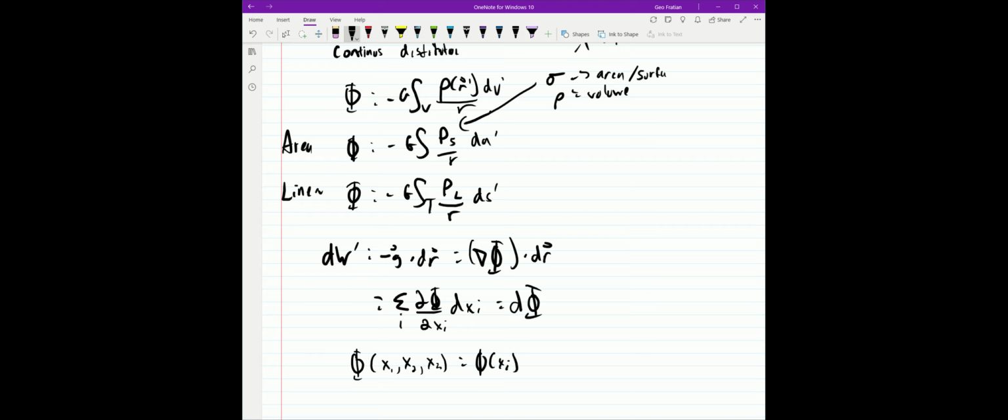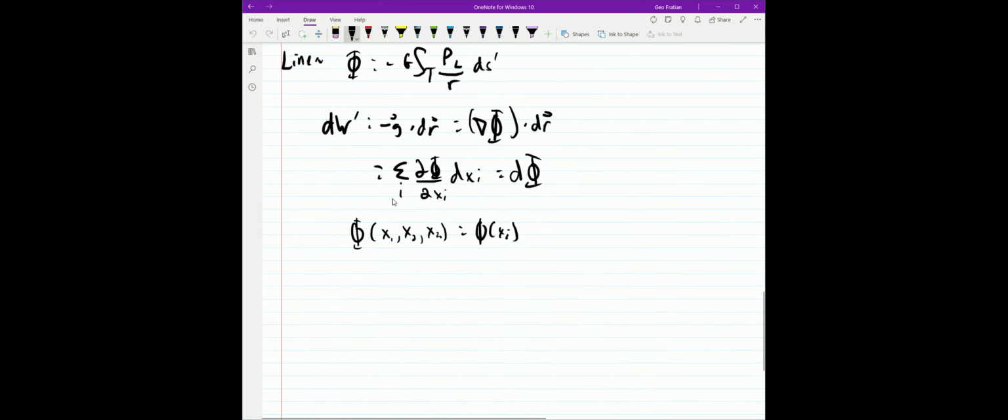Okay, and that lets us know that the amount of work per unit mass that must be done on a body to move from one position to another in a gravitational field is just equal to the difference in potential of these 2 points. That's what this equation is saying. The differential work element is just equal to the derivative, which is the difference, right? So that lets us write the gravitational potential energy as U equals m phi.